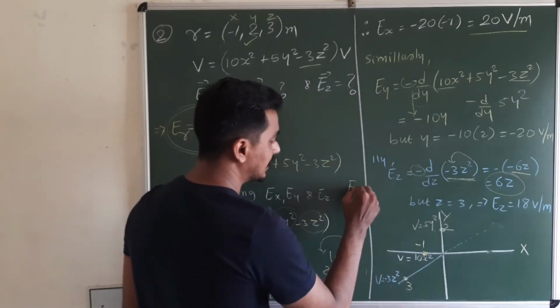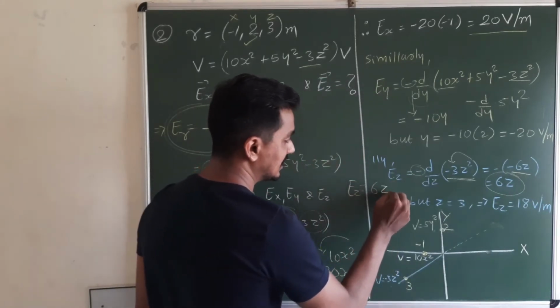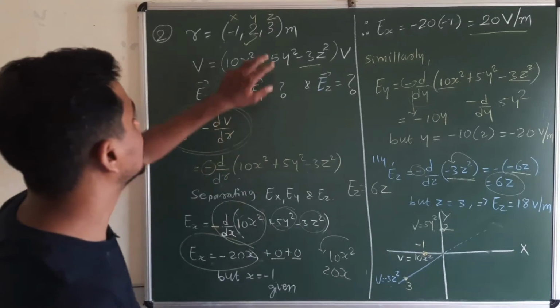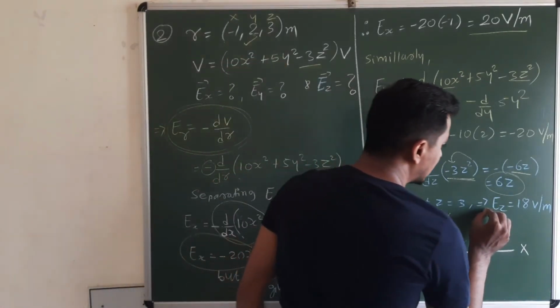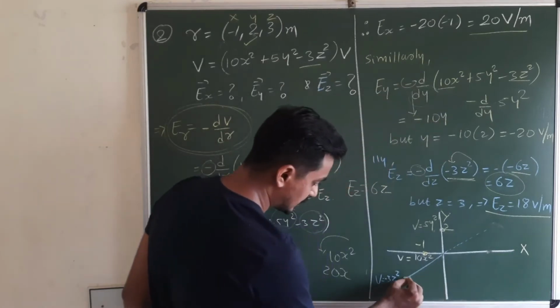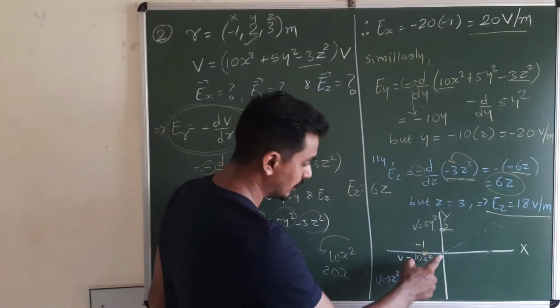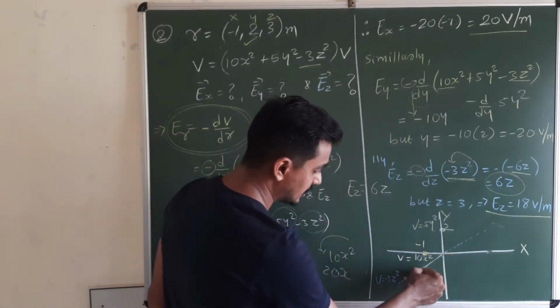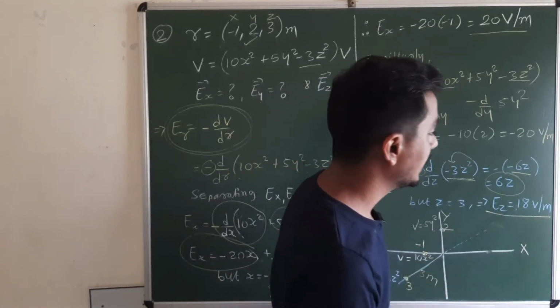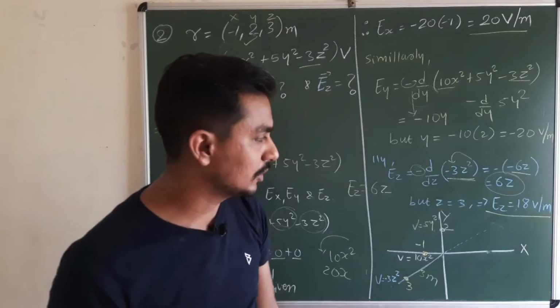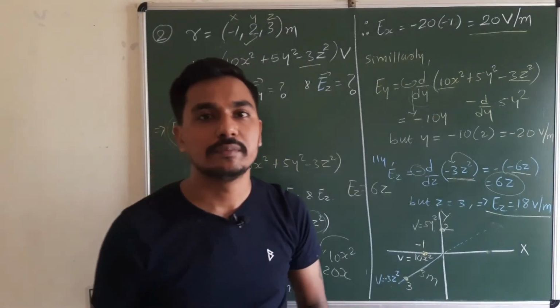So Ez is equal to 6z. Now what is z given here? 3. So 6 into 3 is 18. So the electric field at this point, from the origin at a distance of 3 meter, is 18 Newton per coulomb or 18 volt per meter.